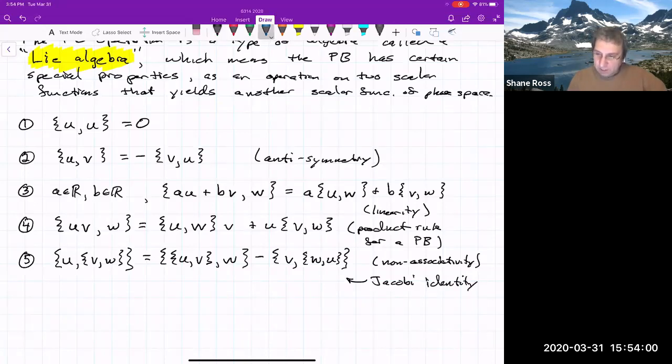A way that I like to see it is, the first two things, so this equals that, would be what you get if it was associative. This term here is a measure of how the Poisson bracket fails to be associative.